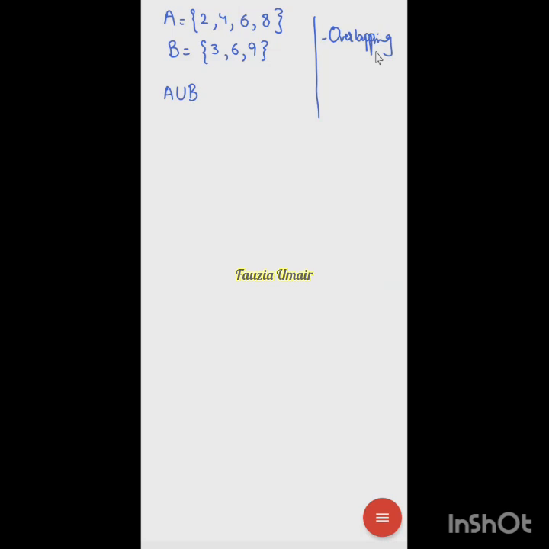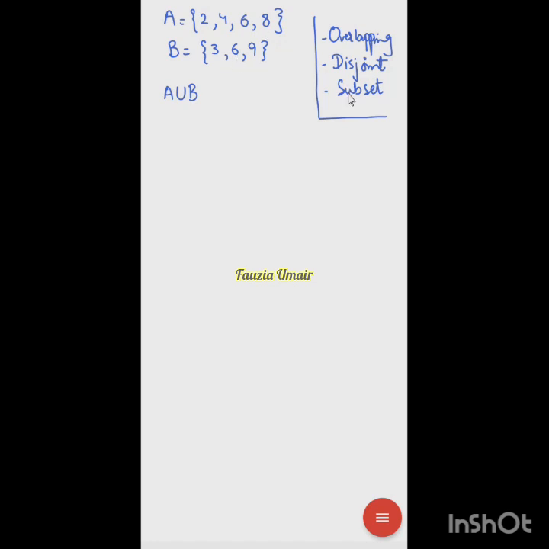The second is called disjoint sets, when the two sets do not have any common element. The third is subset, when one set is completely part of the other set. All the members of one set are part of the other set.